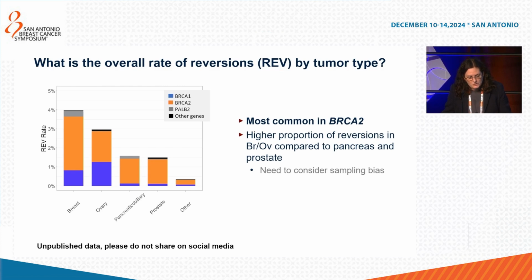That's particularly noted in breast, but remember that ovarian is enriched for BRCA1, so this high level of BRCA2 in ovarian is relatively more common. You do have to consider sampling bias about why the levels are higher in breast and ovarian than pancreas and prostate, remembering that those can have more liquid biopsies, and we'll see on the next slide that they have more frequent reversion mutations identified than tumor biopsies.